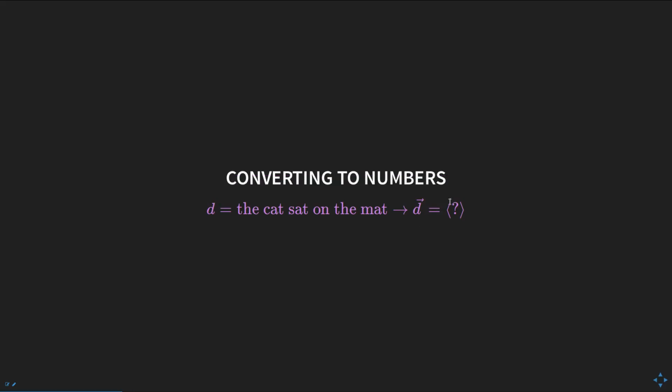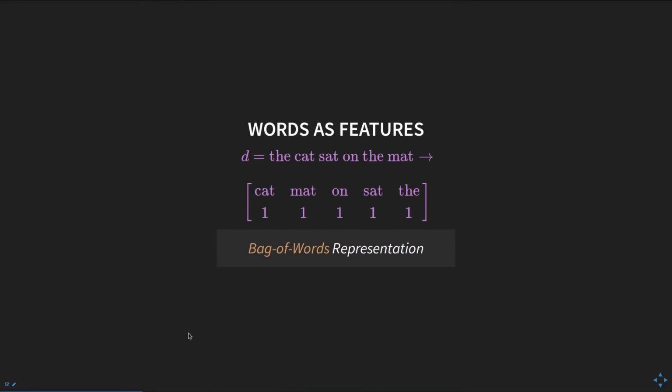That's how we know a vector, as a position within this vector space. And once we have this representation, we can actually run some algorithms. So in sum, we would want to convert this string to numbers. Now, one way of doing this is looking at each word as features within a bag of words representation, as this is called.